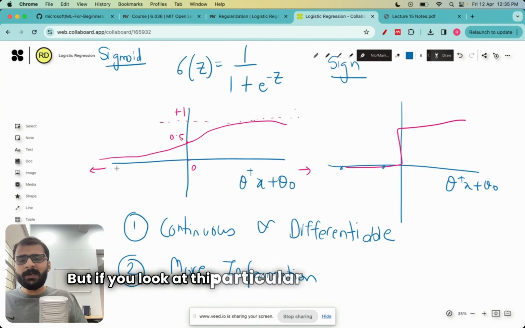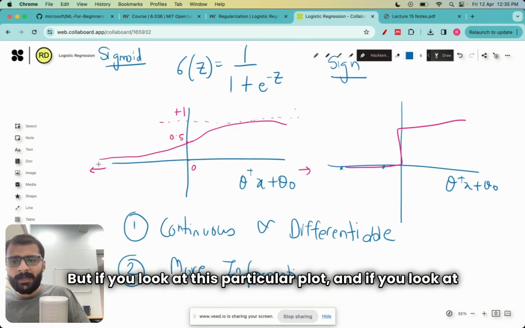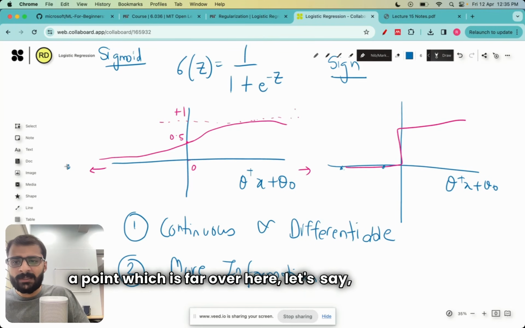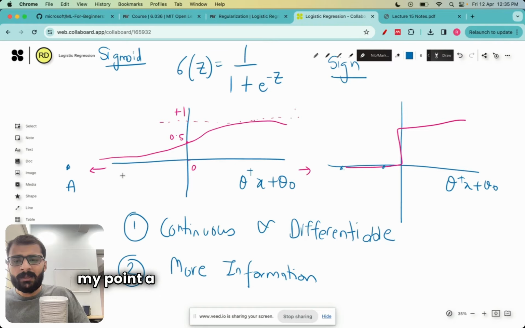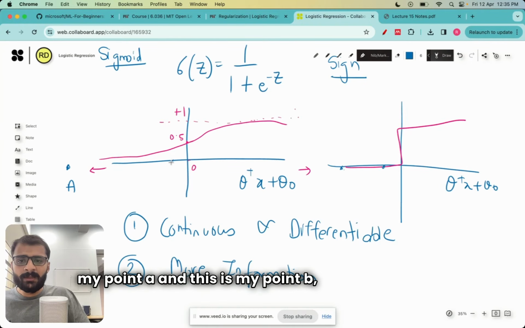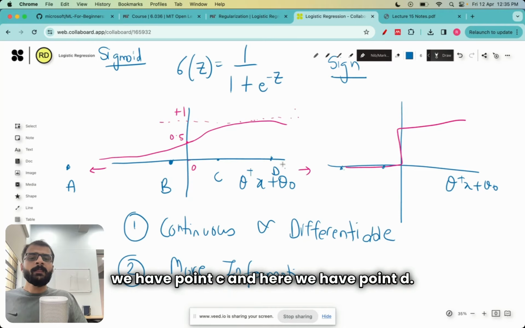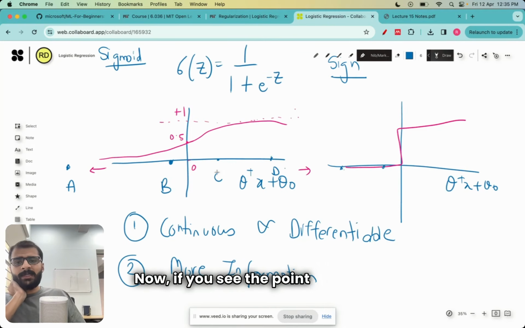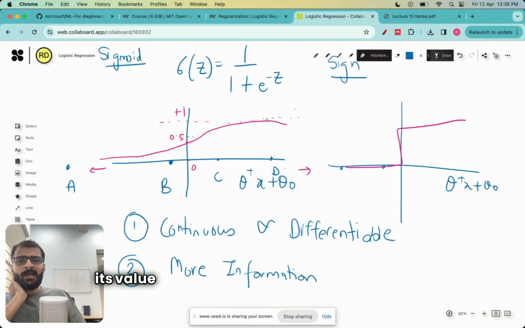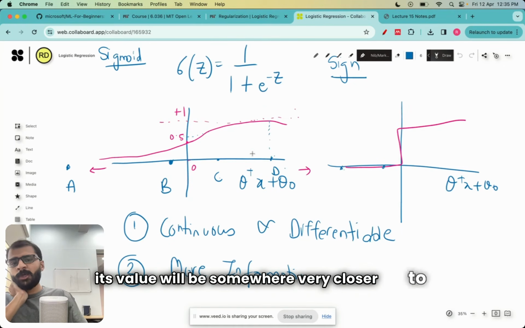But if you look at this particular plot, and if you look at a point which is far over here, let's say this is my point A and this is my point B, and let's say here we have point C and here we have point D. Now if you see the point C, its value will be somewhere around 0.7, and point D, its value will be somewhere very close to 1.